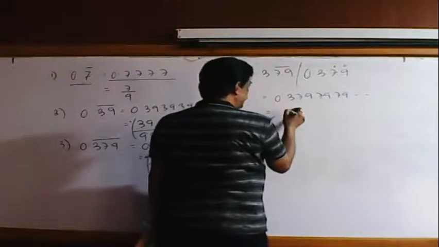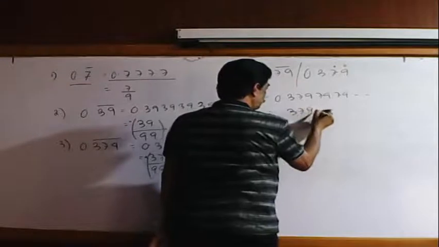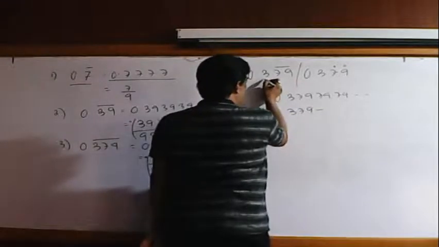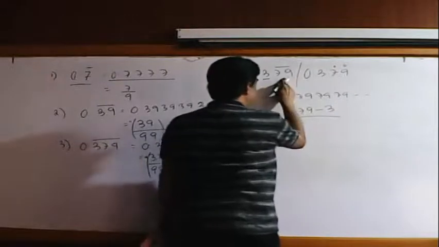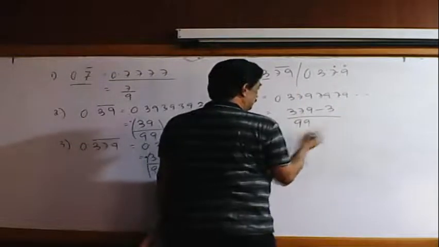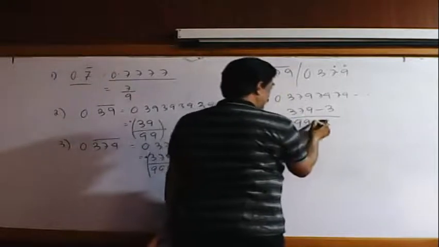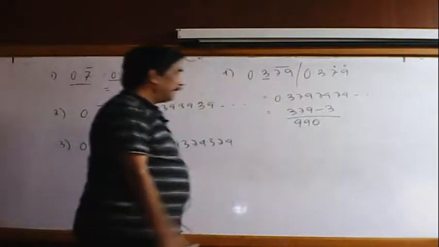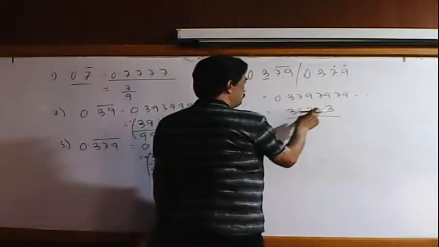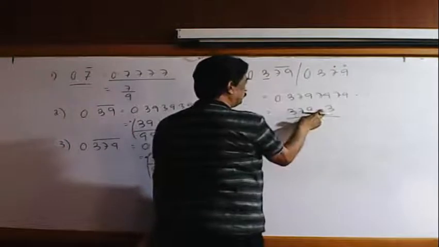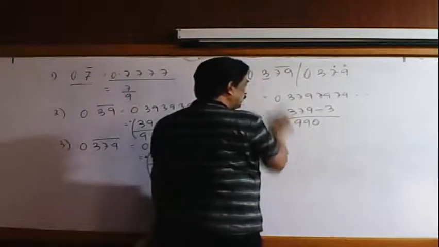After omitting the recurring sign, your rule is 379 first, minus the non-recurring digits, which is 3. How many digits are recurring? 2, so two 9s. Minus, how many non-recurring digits, that many 0s. Again: 379 minus non-recurring digit 3, recurring digits 2 times 9, non-recurring 1 times 0.